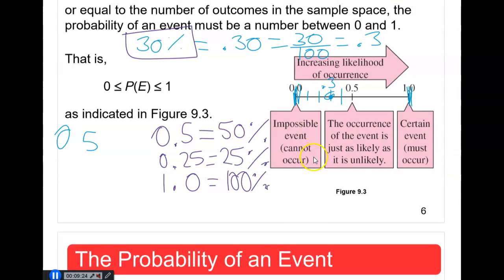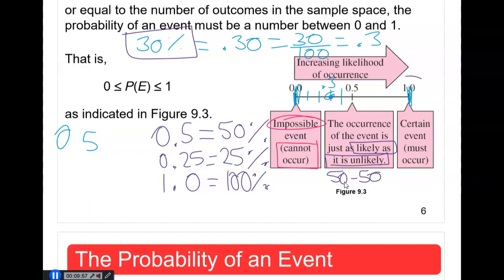So going back to translating this into words, a probability of 0.0 means that the event is impossible, or the event will simply not occur because it just cannot occur. A probability of 0.5 means that the event is just as likely as it is unlikely. And you might hear the very common phrase 50-50, because there is a 50% chance that it will occur and a 50% chance that it will not occur.